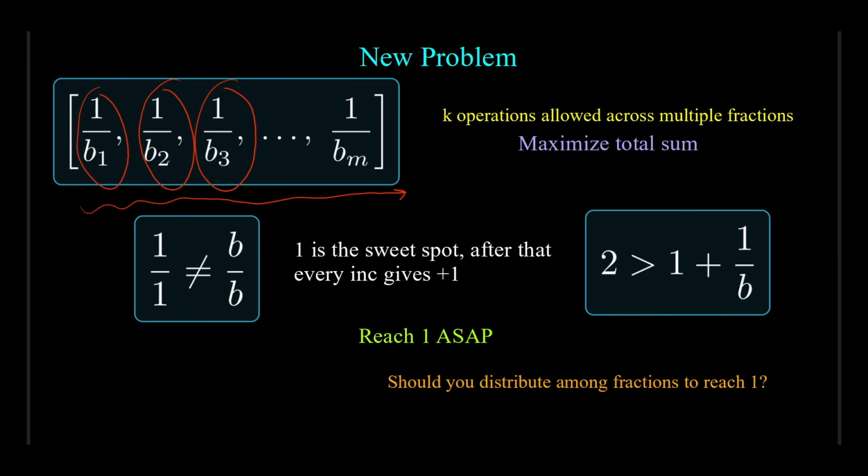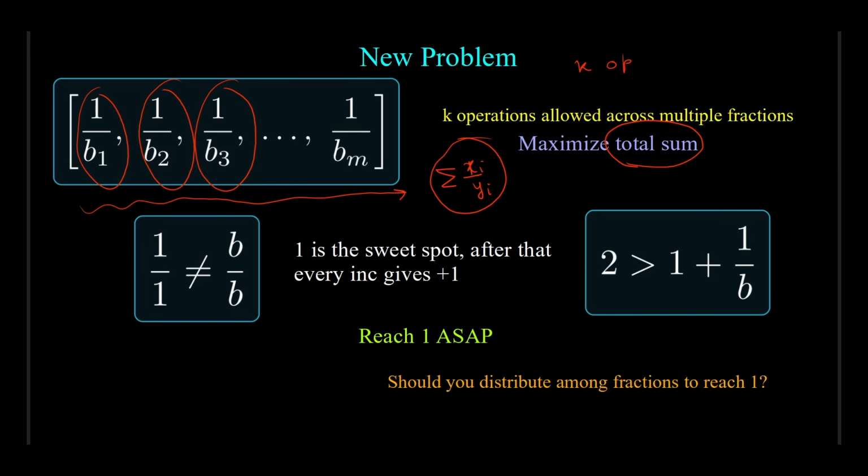You can do the operation on any of the fractions in any of the rounds, and your goal is to maximize the total sum of the fractions that remain after all the operations. You are allowed to do k operations in total. So now, can you come up with a strategy to solve this harder version of the problem?